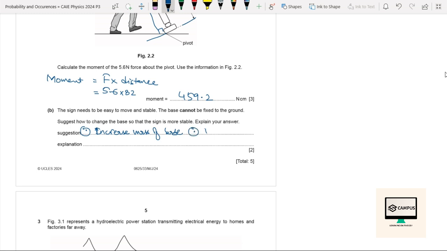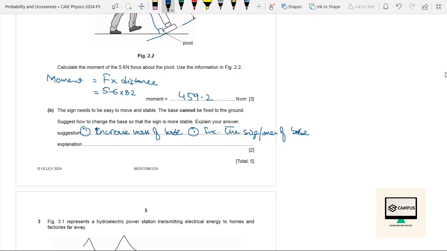Another could be to increase the size or the area. Both will do the same thing. Both will increase the mass distribution in the lower portion and will eventually lower down the center of mass of the signboard.